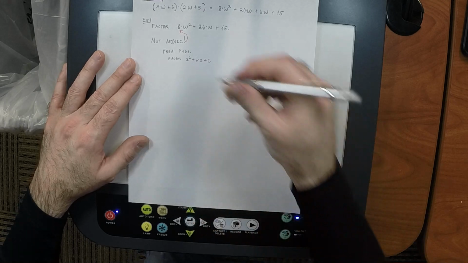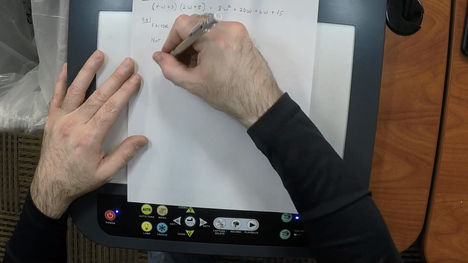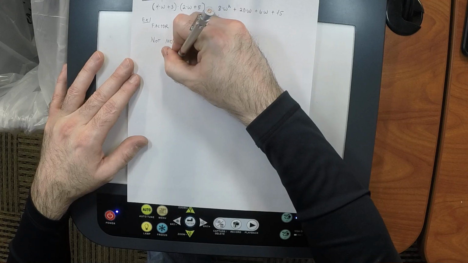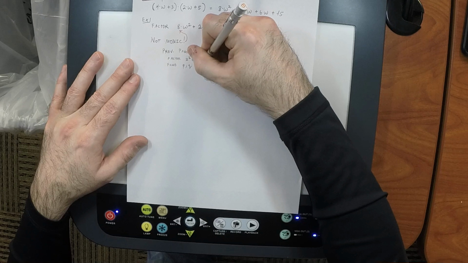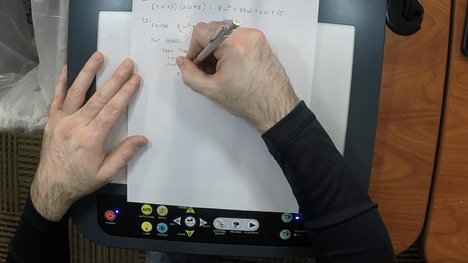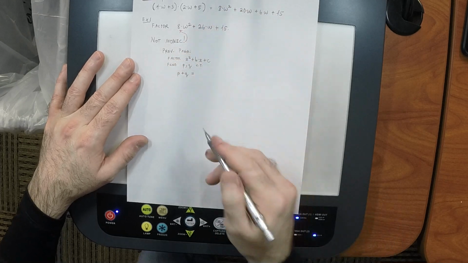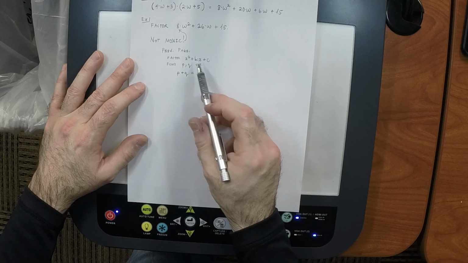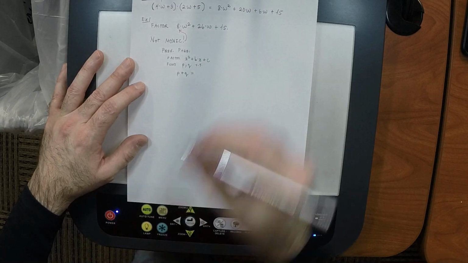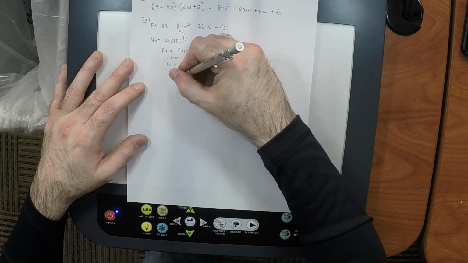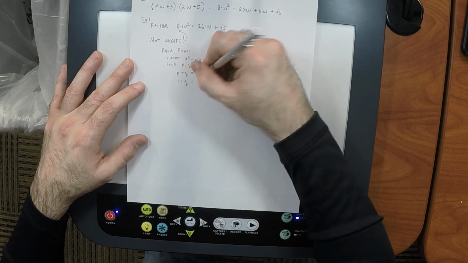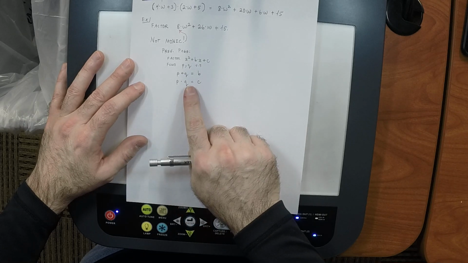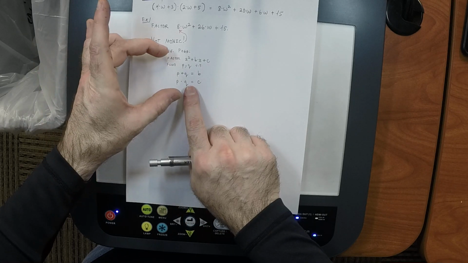Then you want to find two numbers, p and q, such that the sum is what? B, the middle number. And the product is what? C, the last number. So that's the monic case.